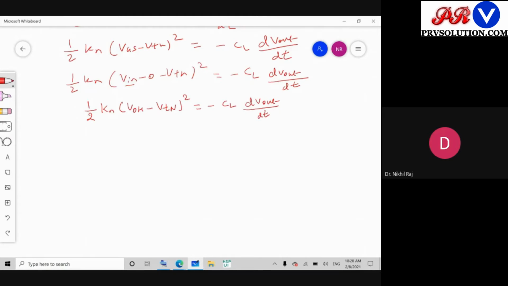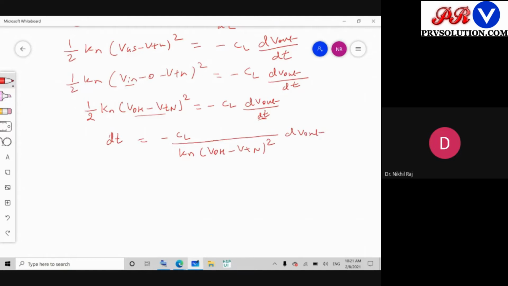So our target is to find the time. So we will arrange this variable dt to take it here in the LHS part. So you will get dt equals minus CL divided by Kn into (VOH minus VTN) whole square into dVout.